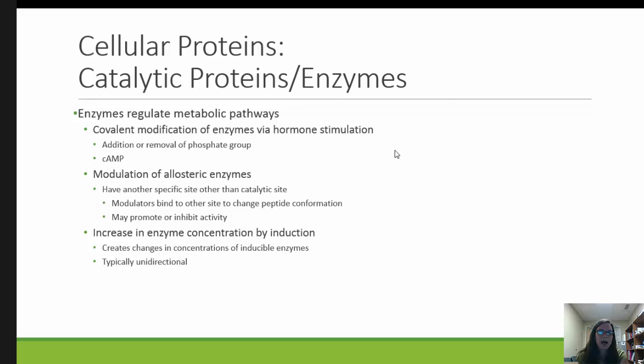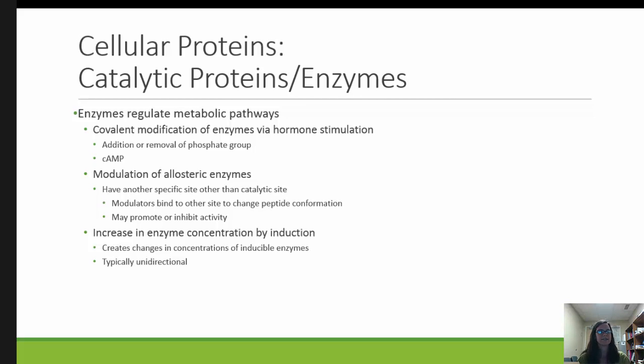Okay, so enzymes do regulate metabolic pathways, including covalent modification of enzymes via hormone stimulation. And again, the language of this is typically the removal or addition of a phosphate group, and especially using cAMP as a second messenger. Enzymes also regulate metabolic pathways through modulating allosteric enzymes.